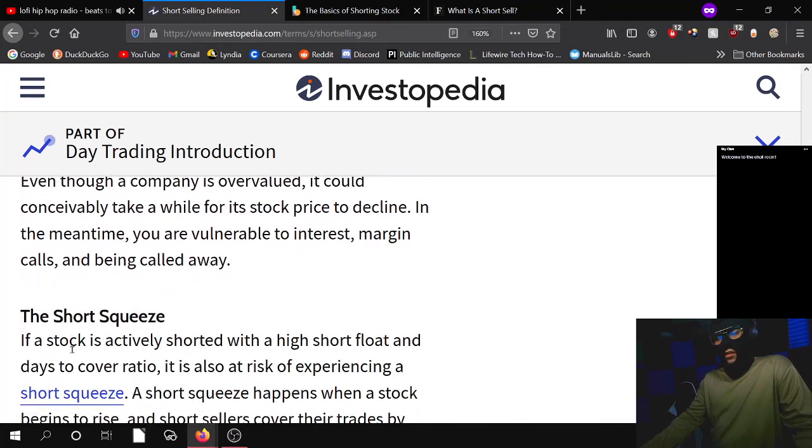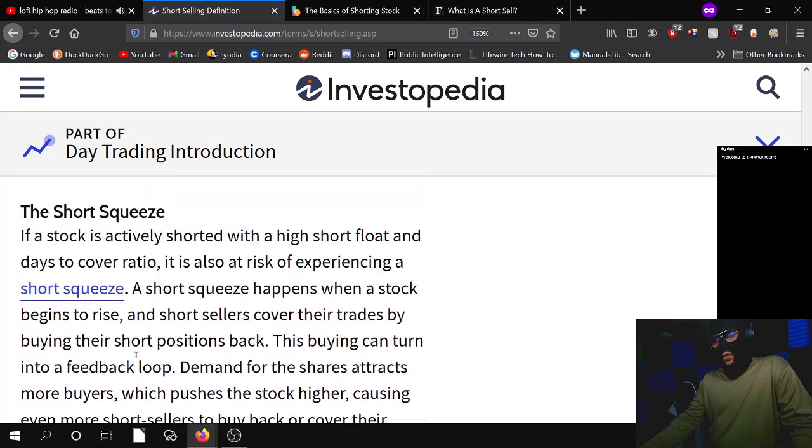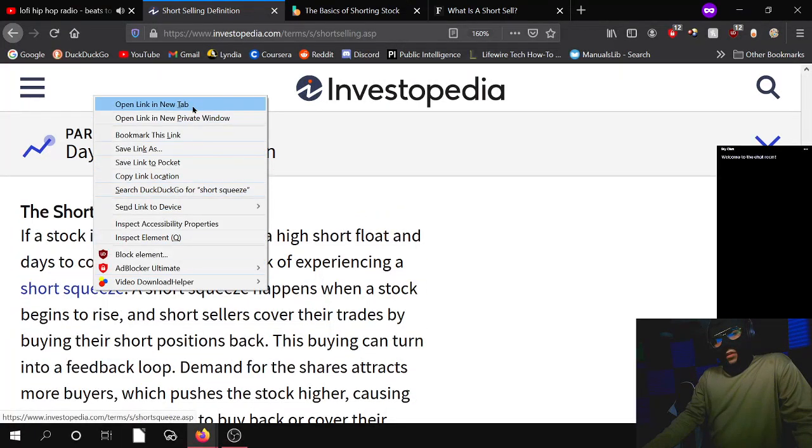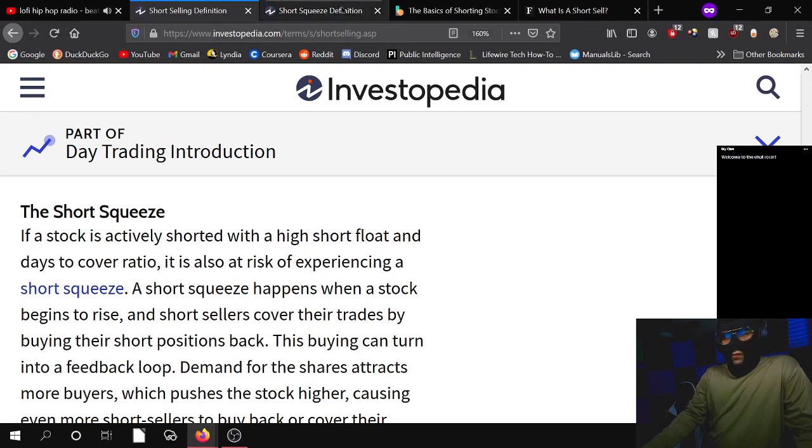There's a short squeeze if a stock is actively shorted with a high short float and days to cover ratio. It is also at risk of experiencing a short squeeze. So that's the difference in short selling.